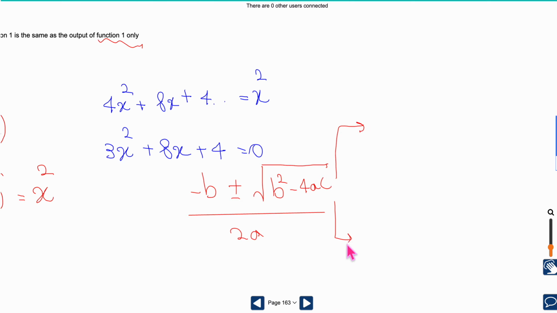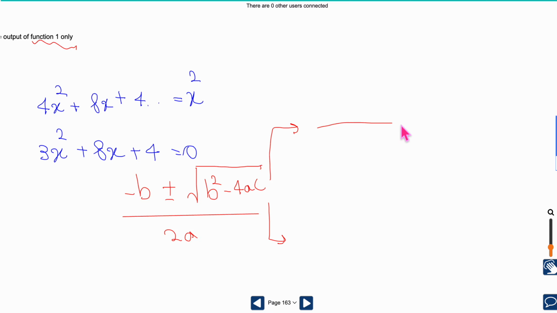Let's try to find the two possibilities. Negative b in this case is negative 8, plus the square root of b squared, which is 8 squared, 64, minus 4 times a times c.